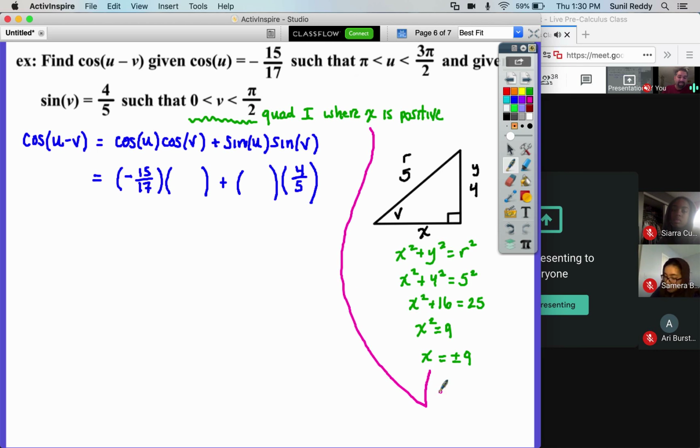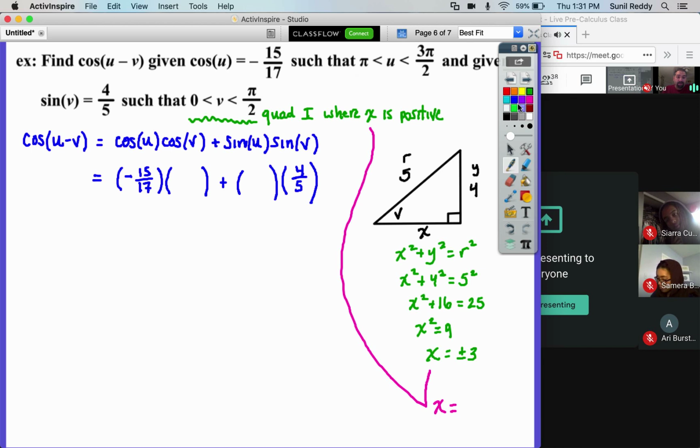Oh, sorry, not x, x squared. Sorry, let me do that again. x squared was 9, so x equals positive and negative 3. Someone should have called me out about that. Sorry about that.